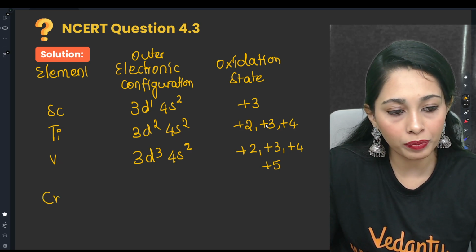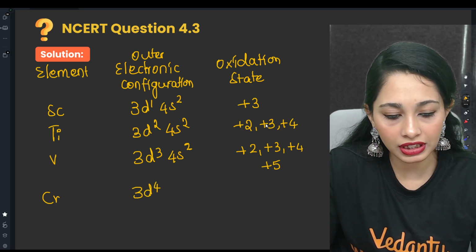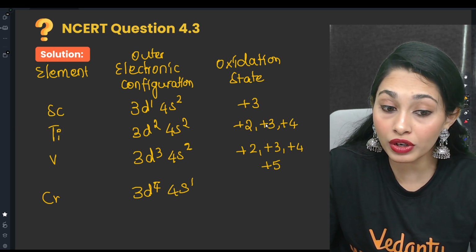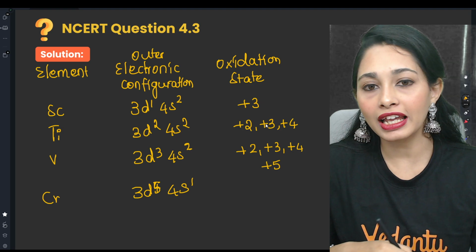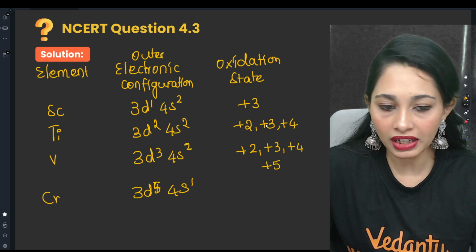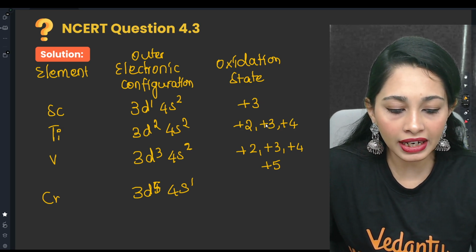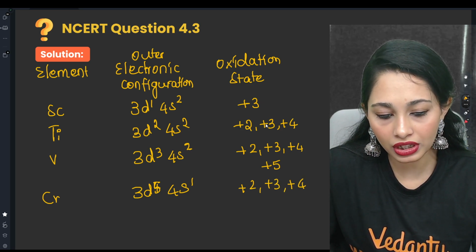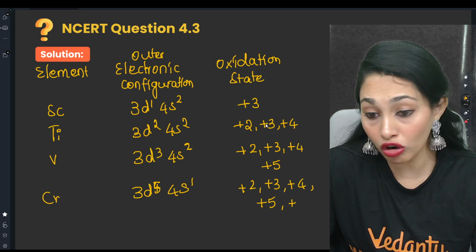And then we have chromium 3d4, 4s2, which becomes 3d5, 4s1, because half-filled orbitals are more stable. So 4s1, 3d5, and it will exhibit +2, +3, +4, +5 and +6 oxidation states.